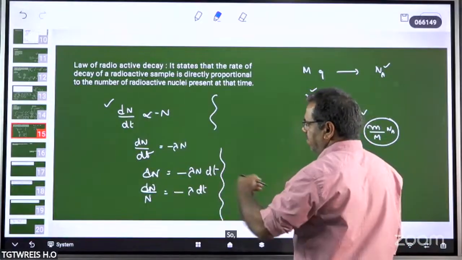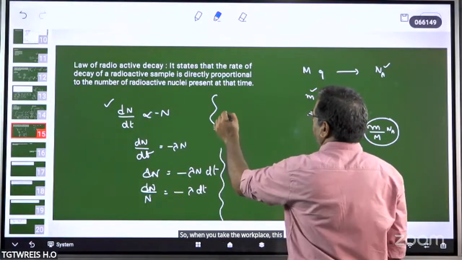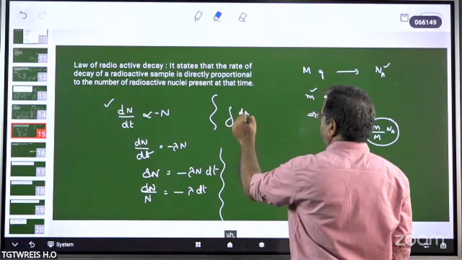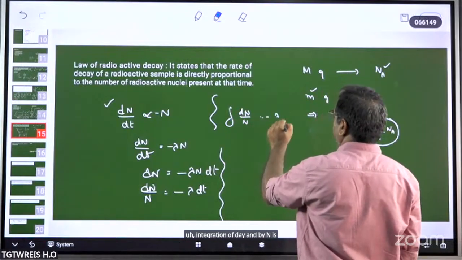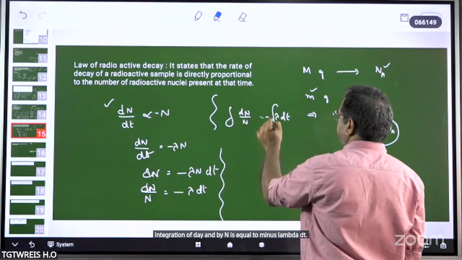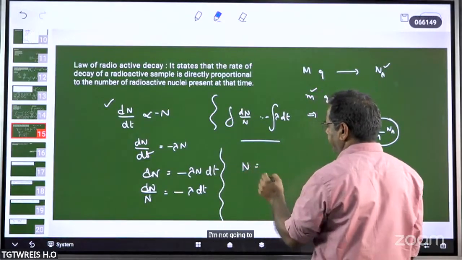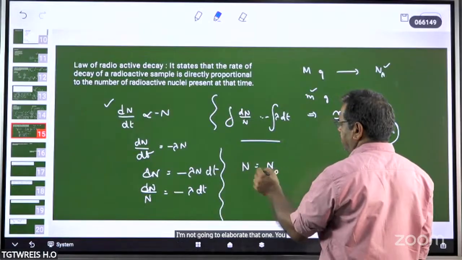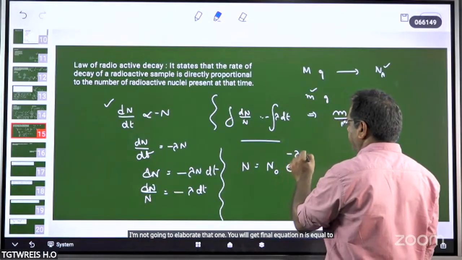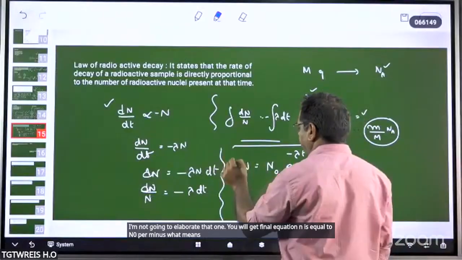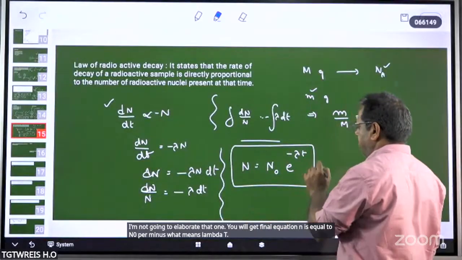So when you take the integration of dN by N is equal to minus lambda dt, and if you follow the steps, I'm not going to elaborate that, you will get the final equation N is equal to N naught e power minus lambda t. I'm interested to tell this.